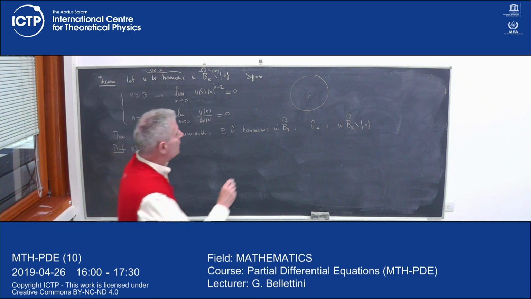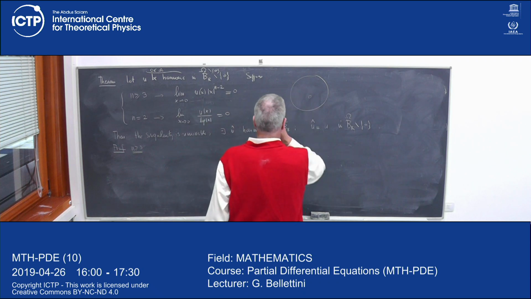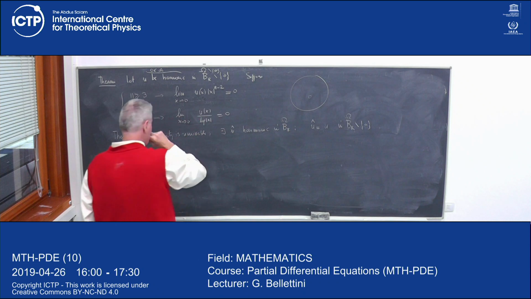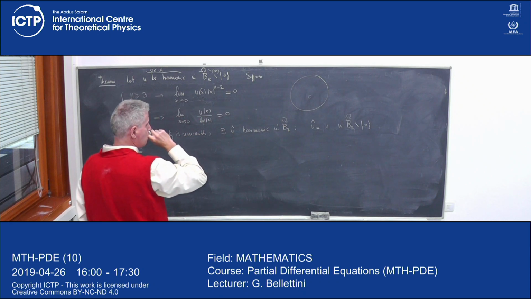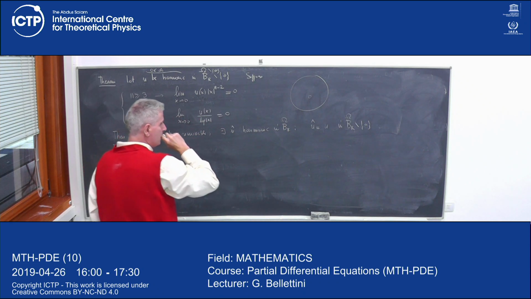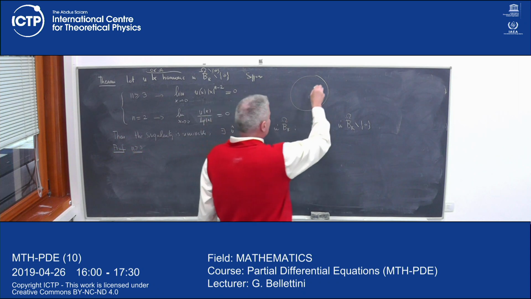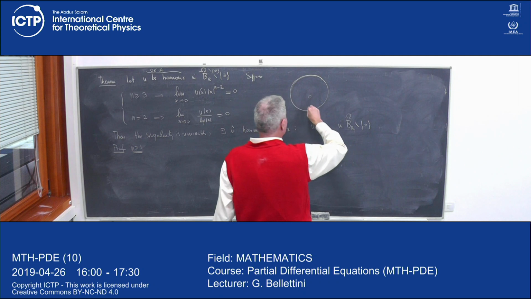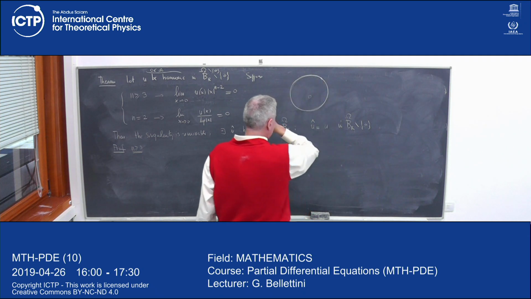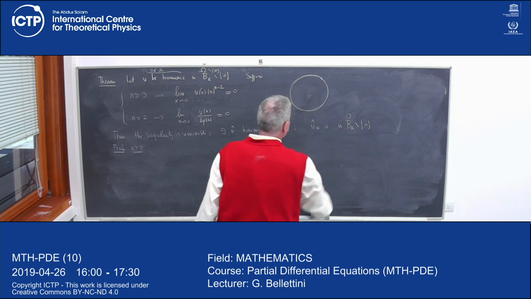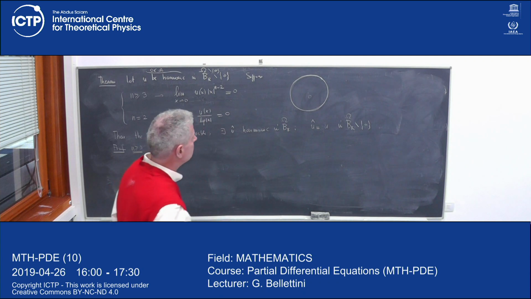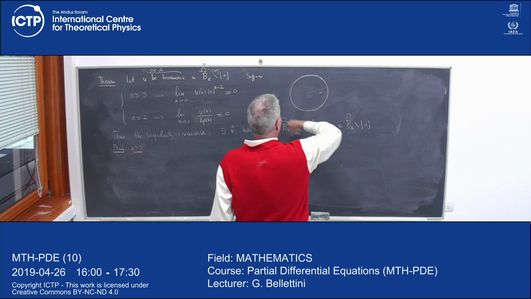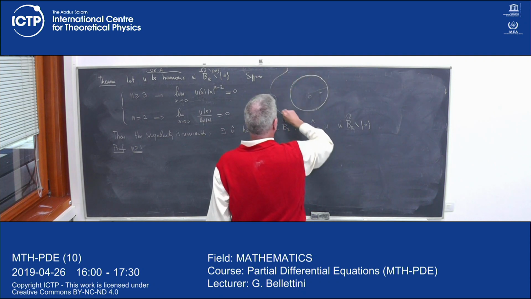Now we take a point x naught. The first idea is to take a radius, let me denote it by r. Then there is the omega here somewhere.